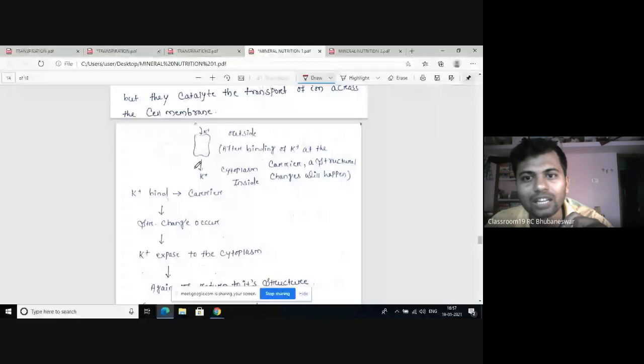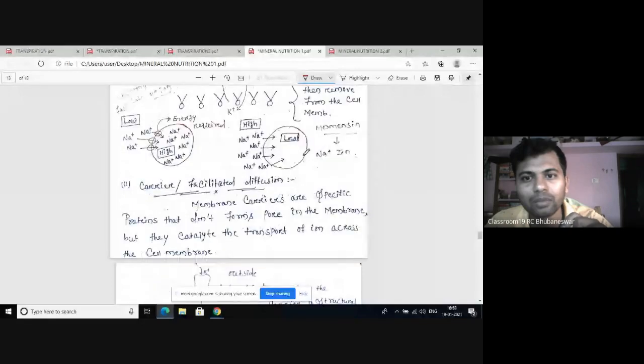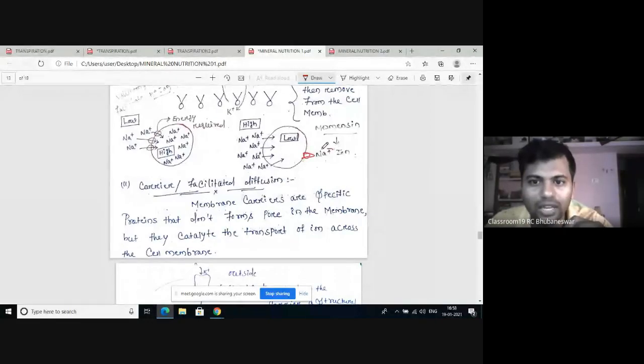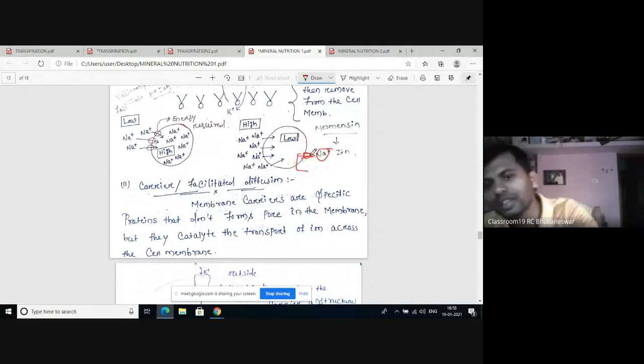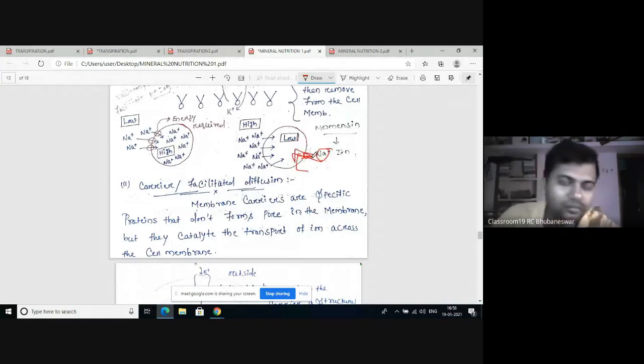Suppose this is the cell, and here we have a protein. This protein is known as a carrier protein. First it takes the sodium ion and delivers it into the cell. Again it comes to the original position, picks another sodium and delivers it into the cell. This is known as the carrier protein.